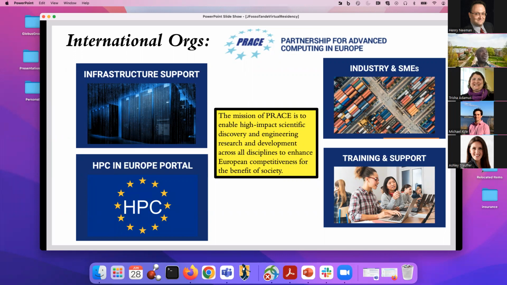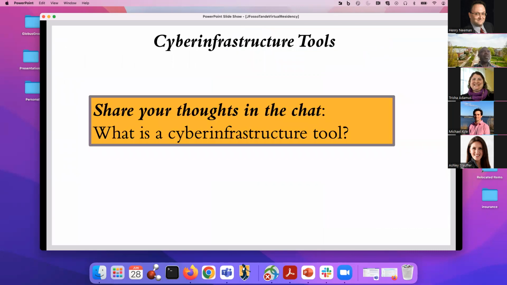For infrastructure support, you have the HPC in Europe portal, where HPC sites available in Europe are available to users. It connects industry and small and medium-sized enterprises, and provides training and support for users. So PRACE is an important organization in providing high-performance computing and other resources.